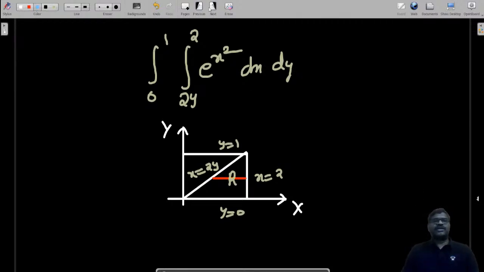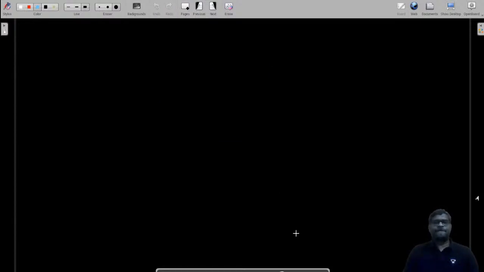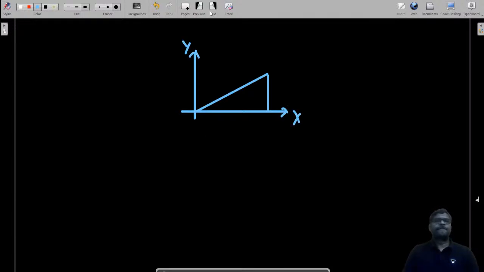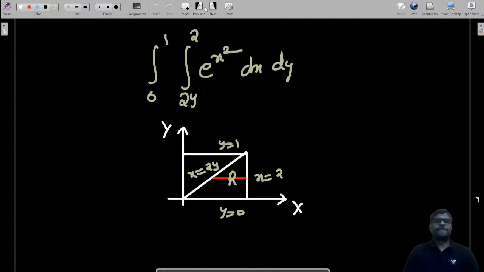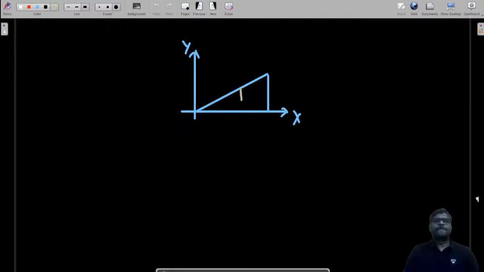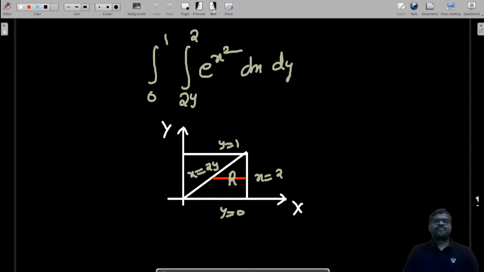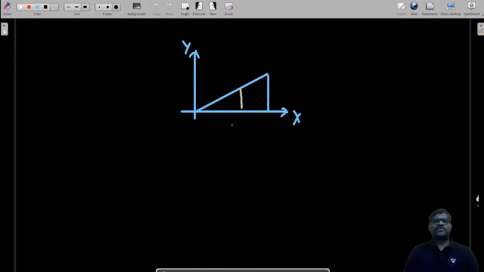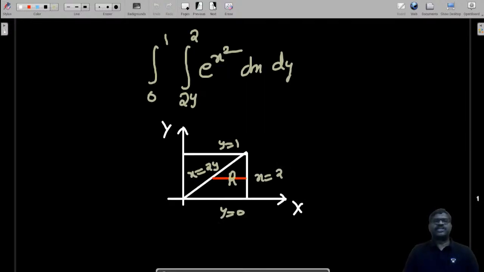Now we have to change the order. To change the order, we have to consider vertical strip. Y equal to 0, y equal to x by 2. X equal to 0, x equal to 2.